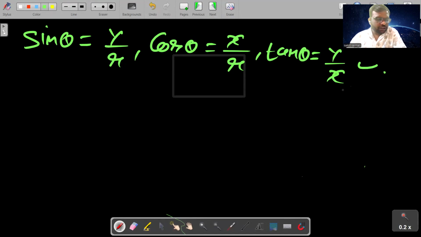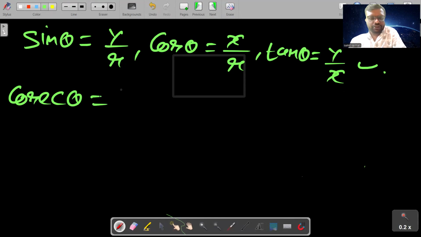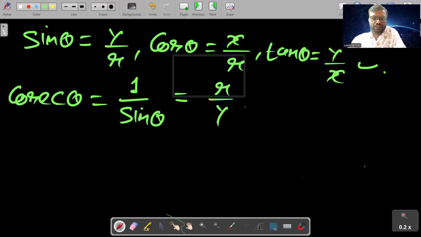Now, friends, next we will write cosec theta. Friends, as we all know, cosec theta is reciprocal of sine theta. So here, cosec theta is equal to 1 upon sine theta. So here cosec theta will become r upon y. Similarly, students, we know sec theta.